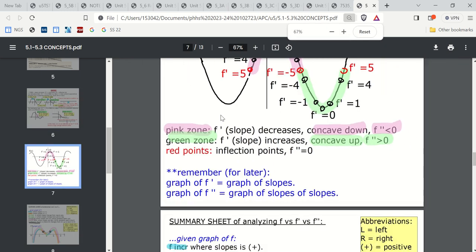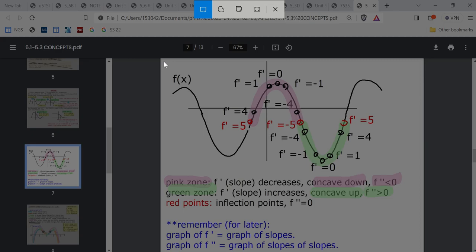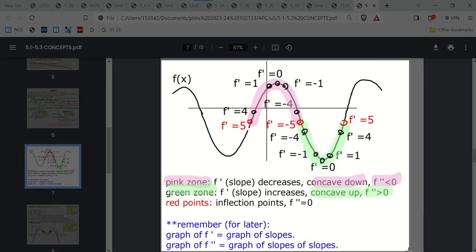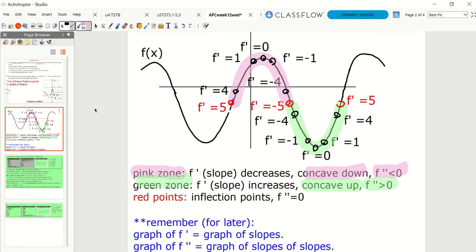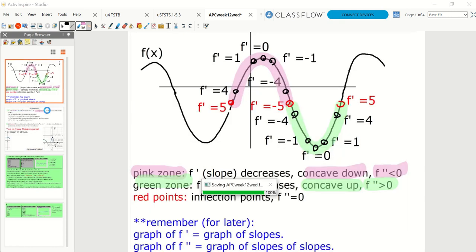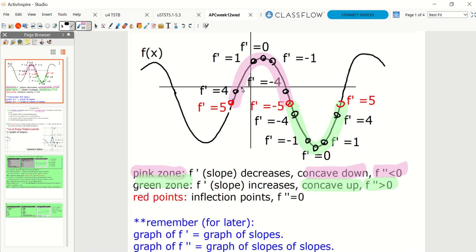We've seen this graph many times. Now, where f is increasing and decreasing is where the slopes are positive when f is increasing, and when the slopes are negative, f is decreasing.